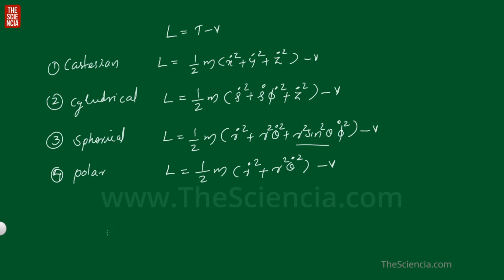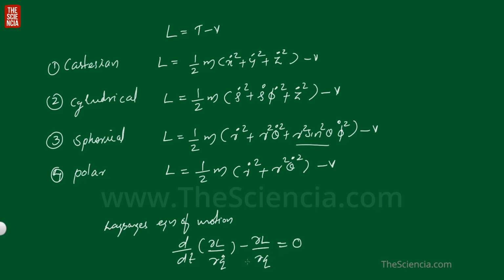And I already told you the Lagrange's equation of motion. It is d by dt (dou L by dou q dot) minus dou L by dou q equal to 0. And this is for a particular case, that is for conservative forces.